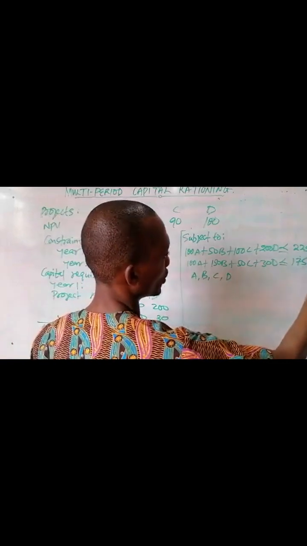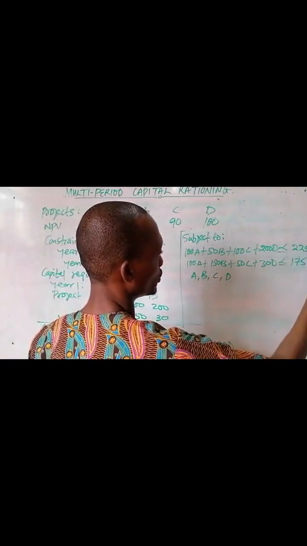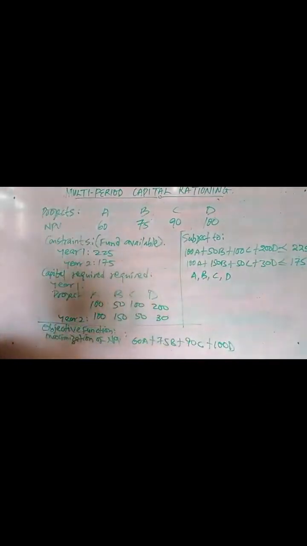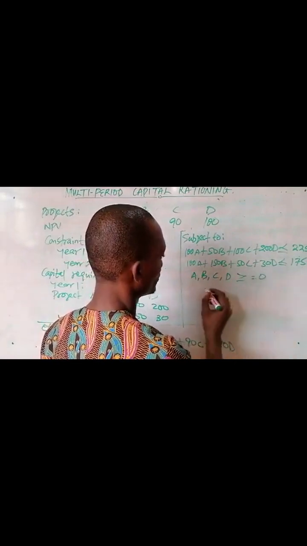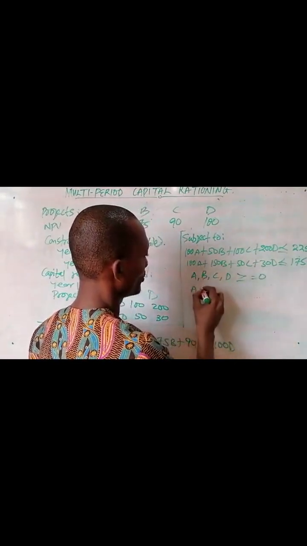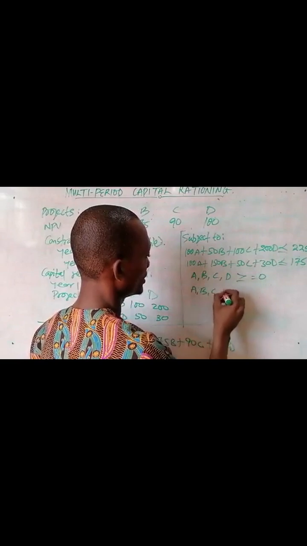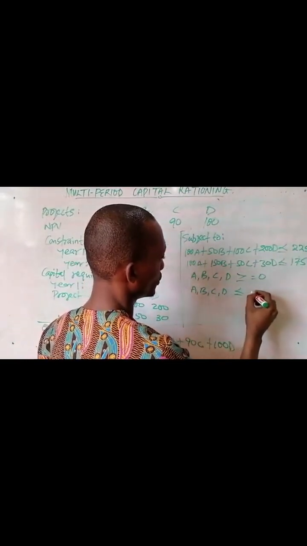So this one will form equation 1, and this one will form equation 2. A, B, C, D greater than or equal to 0.